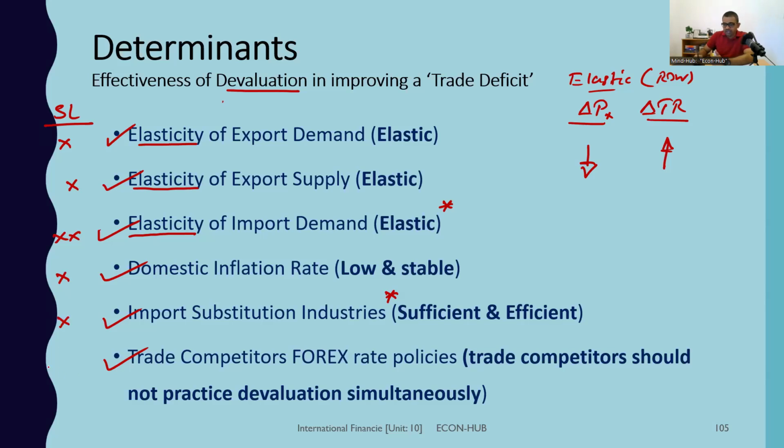Trade competitors we can't control, but we have to have proper diplomatic and strategic relationships with the other countries. So I'll leave a question mark for that. Right. So these are the 6 core conditions for successful devaluation and trade deficit solution. Make the trade deficit favorable.